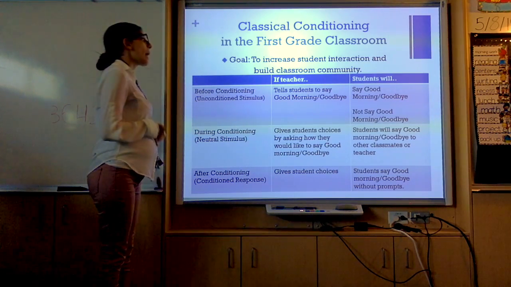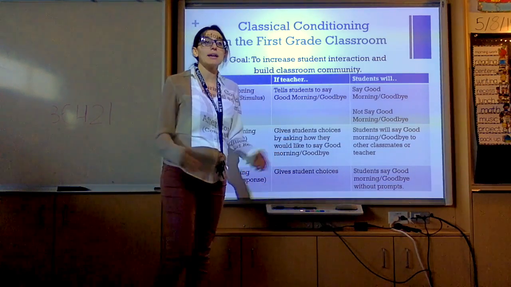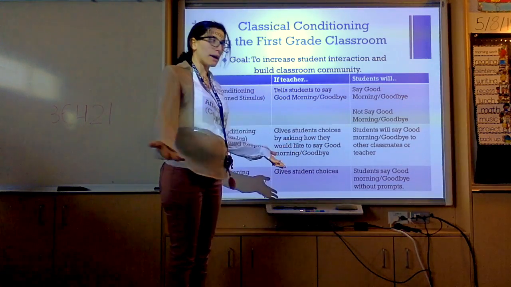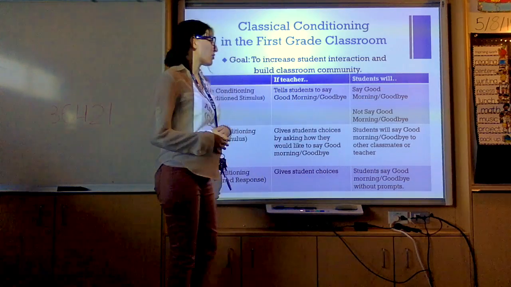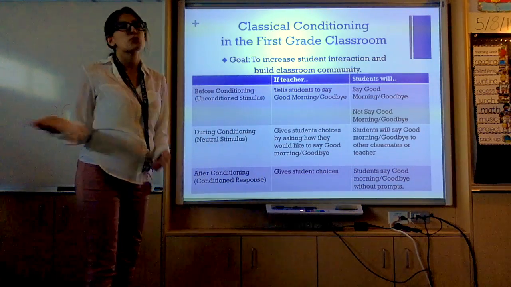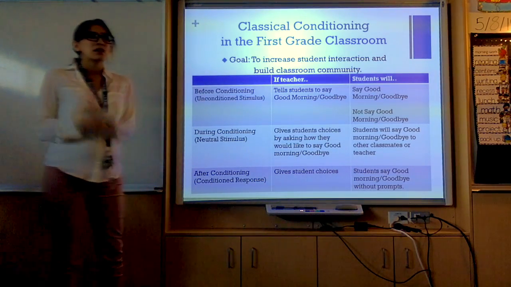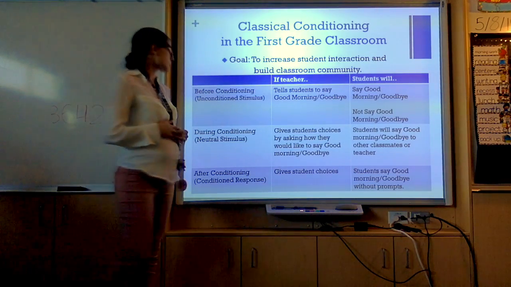I would tell my students to say good morning or goodbye, just simple, like, hey, could you say good morning or goodbye to me? Students would either say good morning or goodbye back, or some of them would just walk past and not say anything. Now, I wanted to change that because I wanted them to have that natural interaction and I didn't want it to be forced.